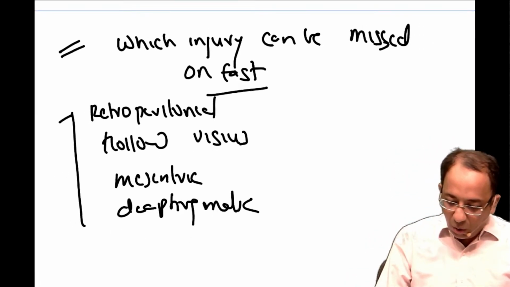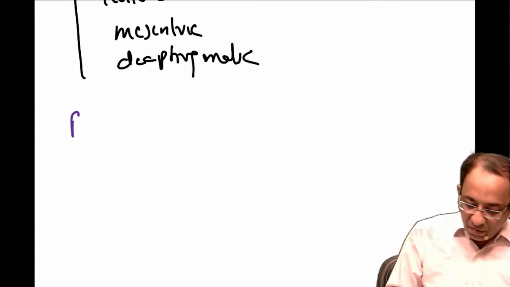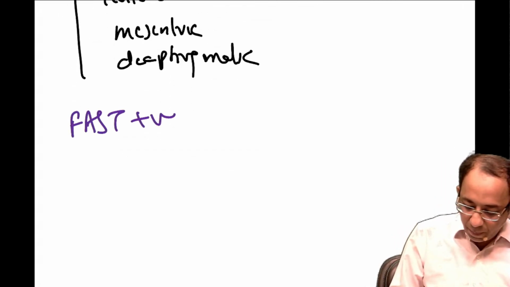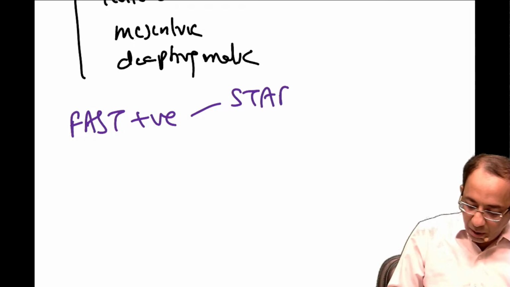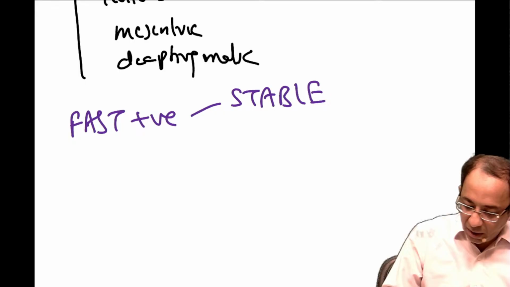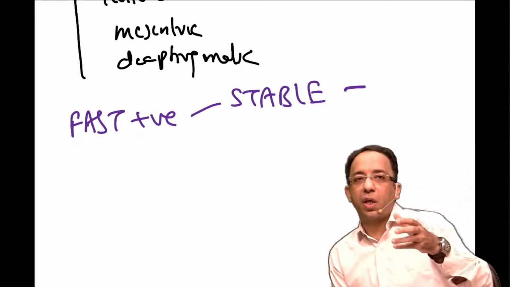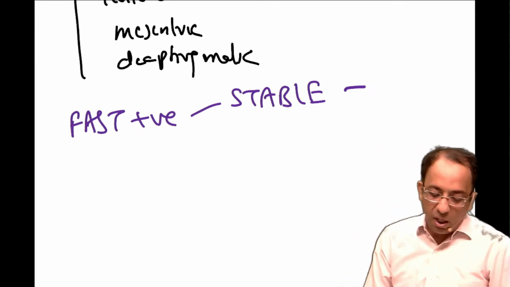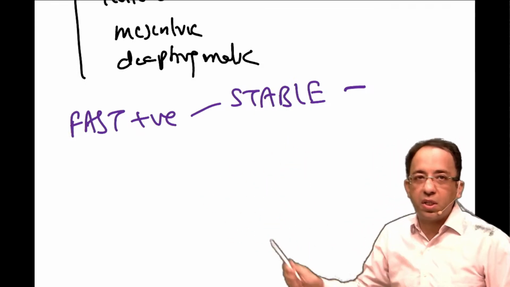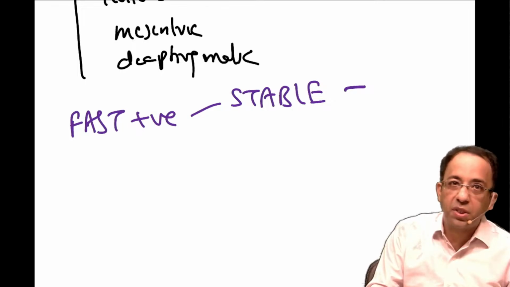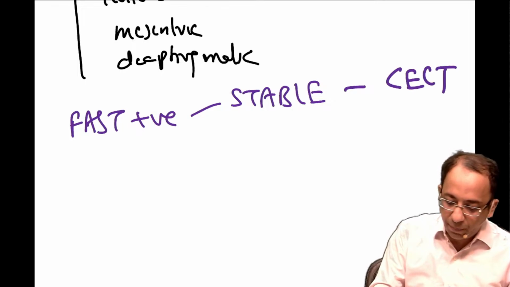Another question that they like asking is, if the FAST is positive and the patient is stable, what will you do? FAST positive means that there is hemoperitoneum. If there is hemoperitoneum, you are thinking of solid organ injury. If the FAST is positive, patient is stable, you will do a CECT.